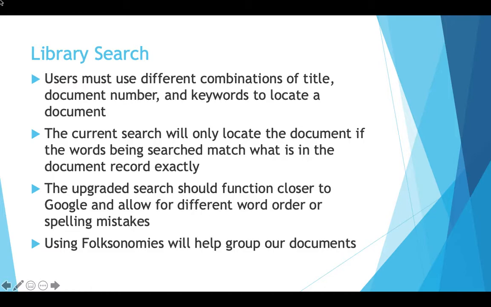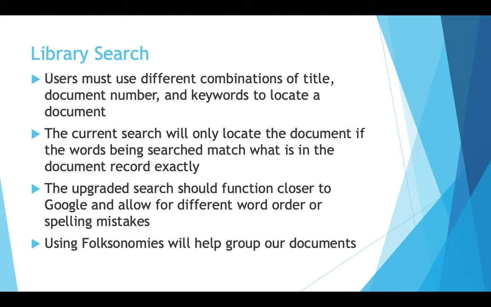So another thing I would like to do with this upgrade is to expand our library search. As of right now, users must use different combinations of title, the document number, and keywords to locate a document. There's no one specific way and one protocol to find these documents, which creates a little bit of frustration and annoyance with the user when they have to send us an email to find a document that they should be able to find themselves.